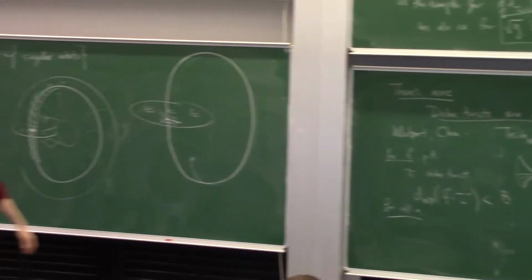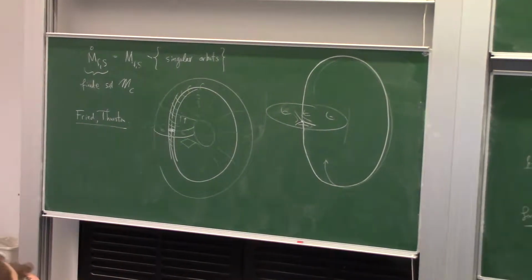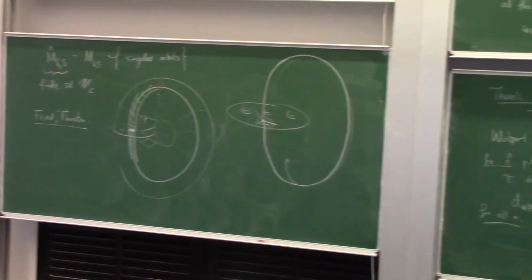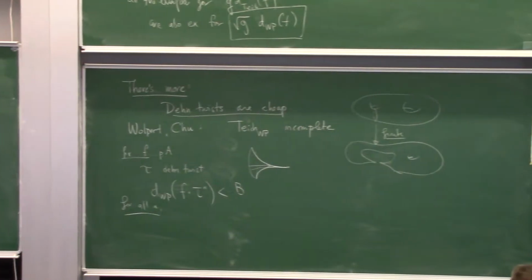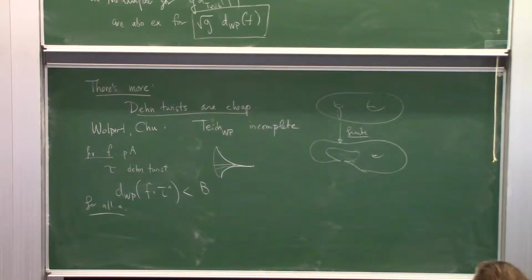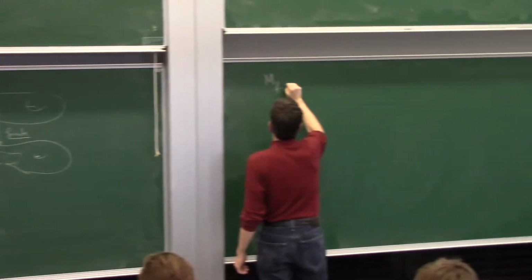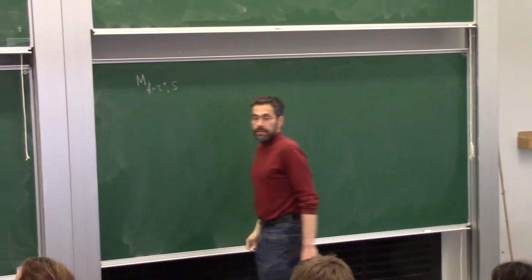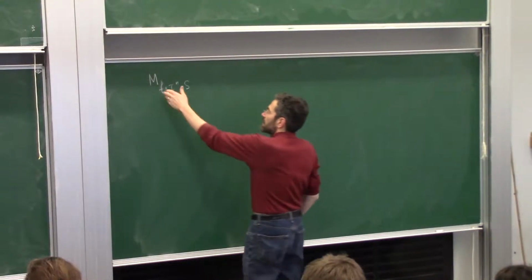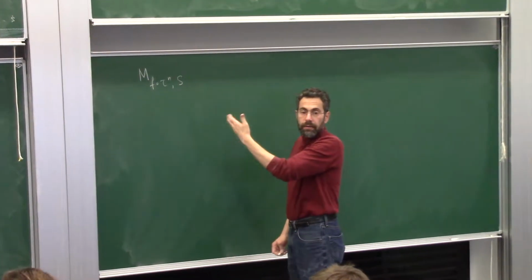So what do I have to allow in order for this to happen? What happens to M_f? Now I fix an f, but I look at M_f tau to the n. So this is an infinite collection of manifolds. How are they related to each other?